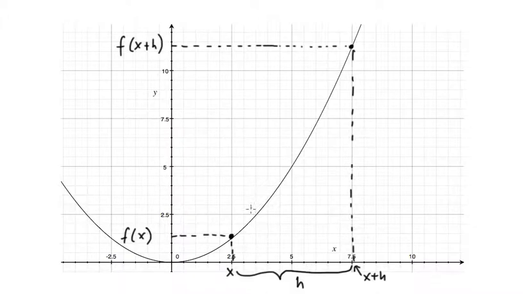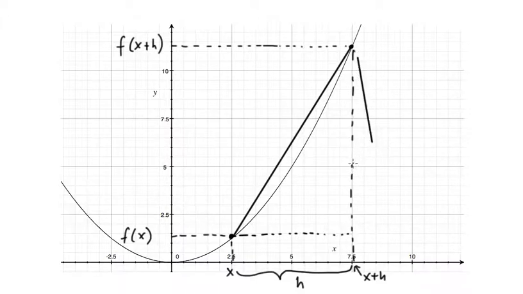So basically what I'm going to do is I'm just going to connect these two, and if you observe, I'm going to use the equation of the slope that we used previously. Sorry about that, I'm going to use a different color.